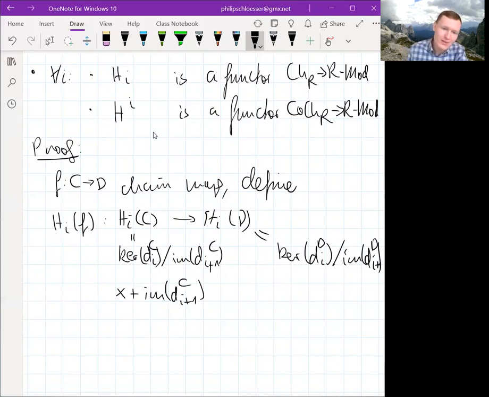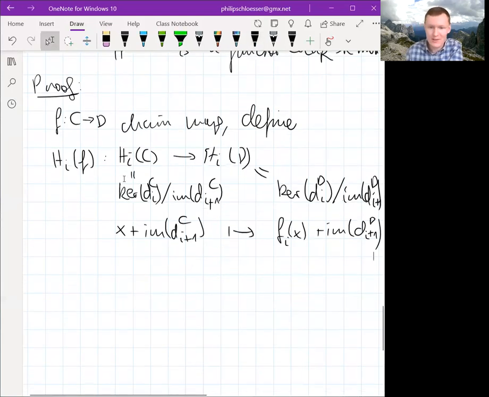And we just map it to f_i of x plus im d_{i+1} of D. And this is well defined because we have a chain map, so our f_i behaves nicely with respect to these boundary operators. Everything is just a whole lot of diagram chasing. Not going to do that here.